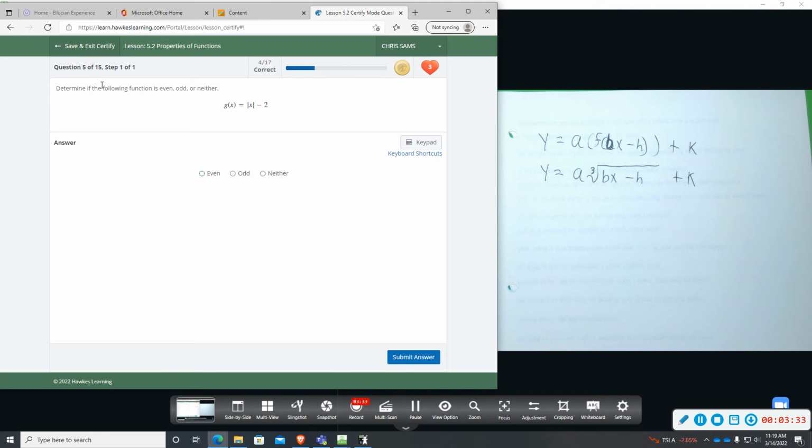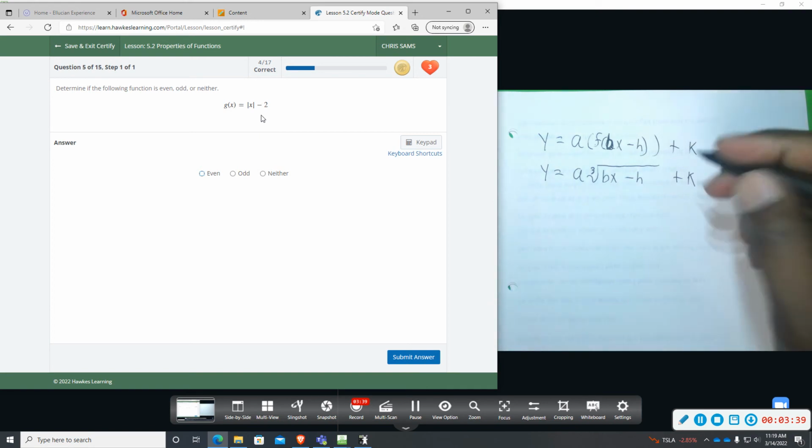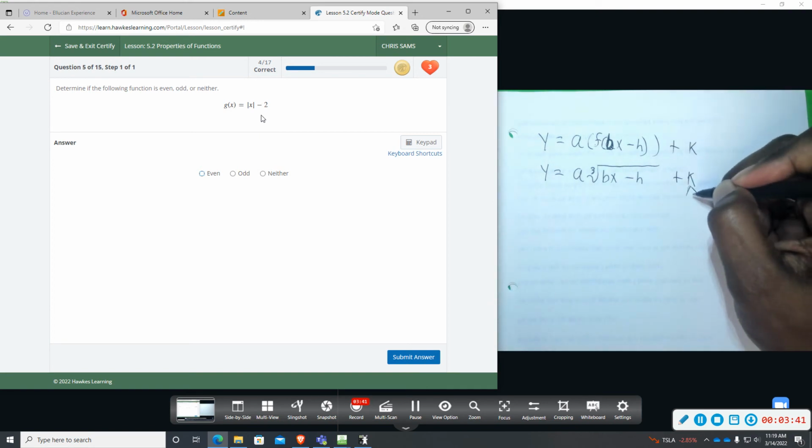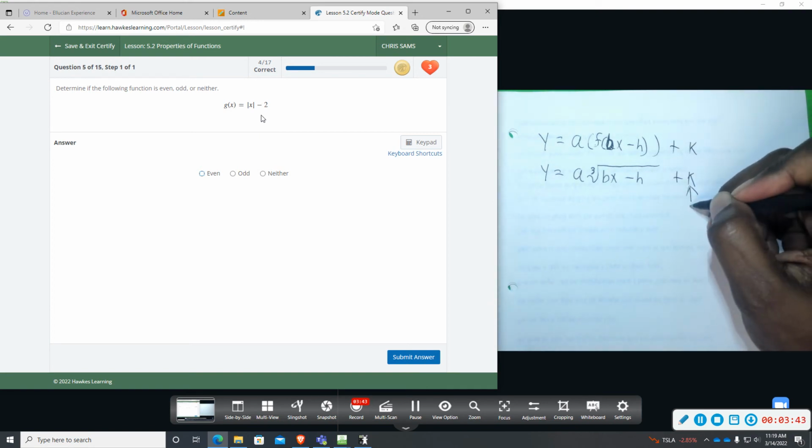All right, so this one was even, okay? And remember, this one affects odd and x-axis.